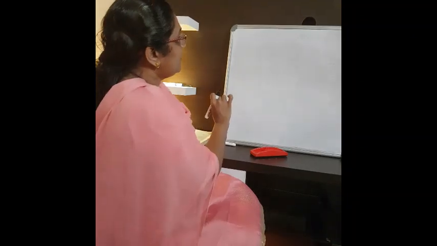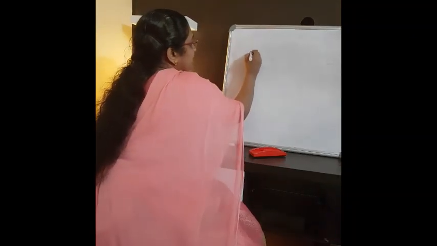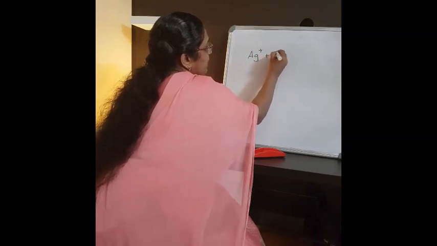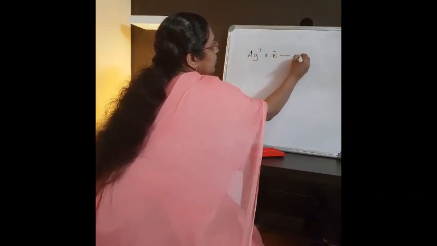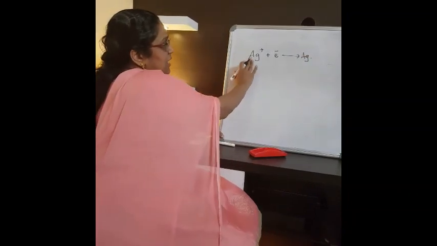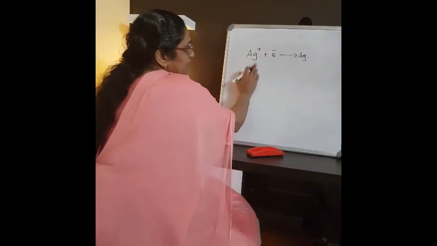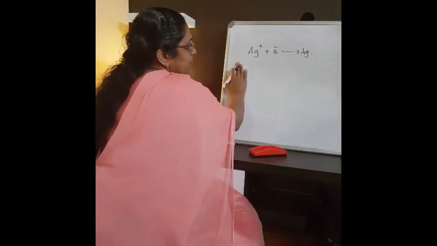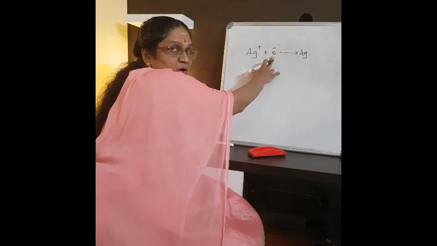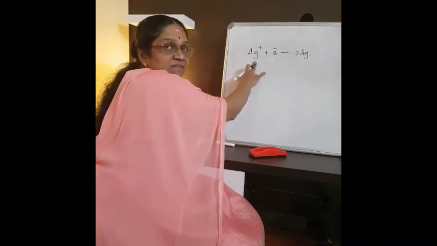Now, I can cite one example. For example, Ag plus 1 electron will give you Ag. We are writing this as the standard reduction potential, right? Now here, what is the stoichiometry? 1. That means 1 electron is required for the reduction of this silver ion.